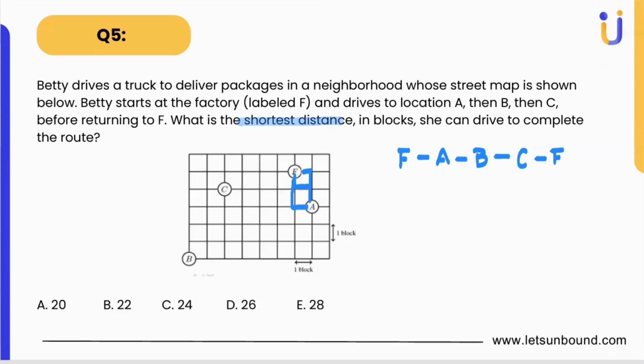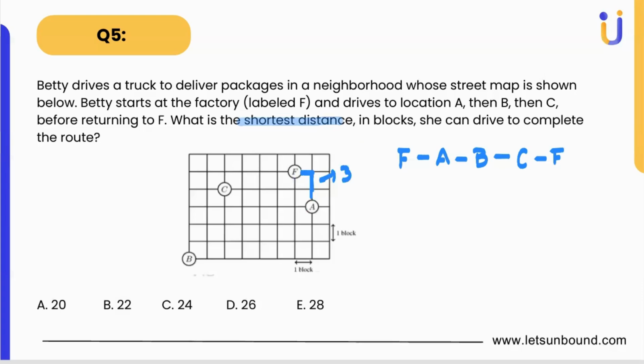But what do you think will be the shortest distance to travel? The shortest distance is definitely going to be walking along the edges of the square grids, going from F here and here. Even traveling in the middle won't make a difference. It will still give me 3 blocks to travel, but I have to try to minimize the path such that I get the shortest distance. So F to A is giving me 1 block and 2 blocks, which is 3 blocks in total.